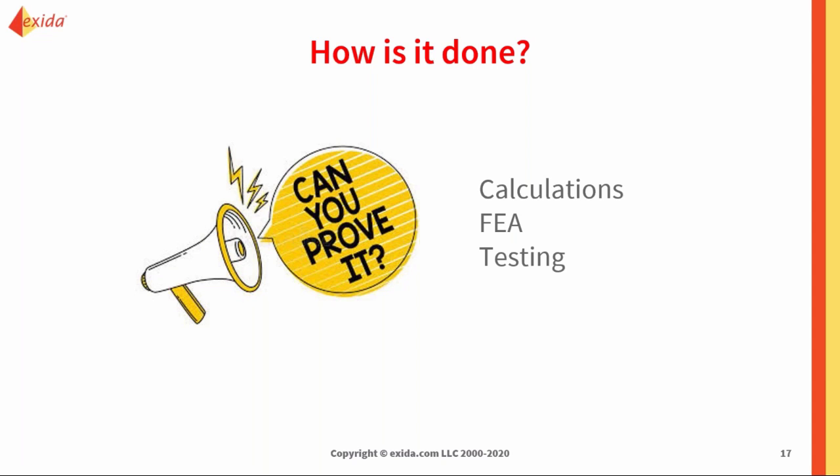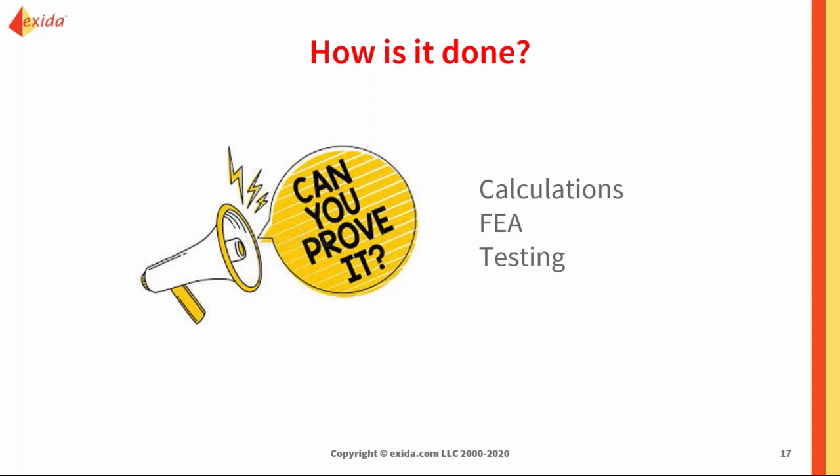So, we need you to prove it to us. Show us how you've made it better, faster, stronger. Show us your calculations, show us your FEA, show us your testing, and prove it to us. Once we do that, we're going to go back to that FMEDA, tear it apart, and give you those lower failure rates that you deserve.